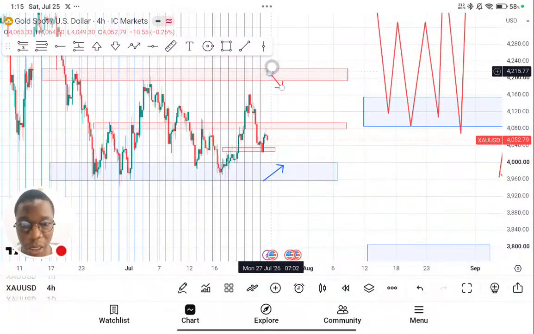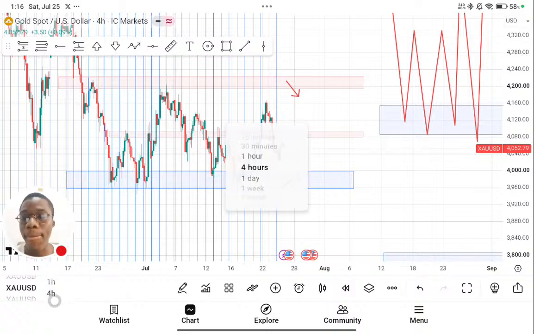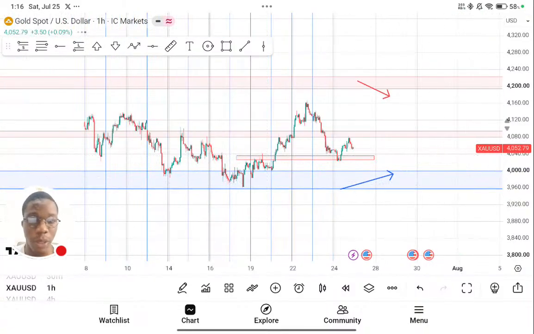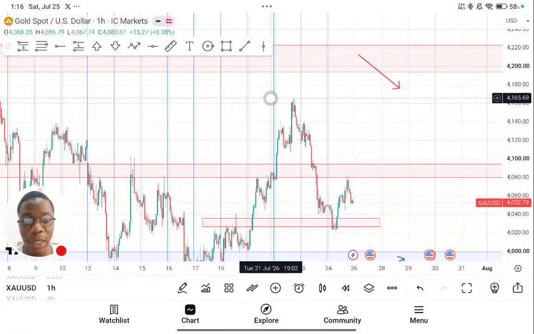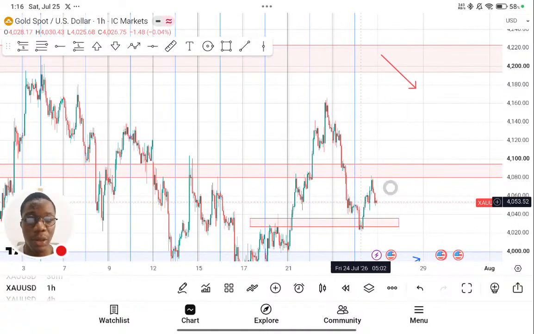So even though price comes here and we are looking to sell, we won't just sell immediately. You would wait for confirmation to give you indication that yeah, the sellers have taken over, and then you can sell from that point. To tell you how strong this resistance is, price hasn't even reached that point, but it has started resisting. Do you understand?